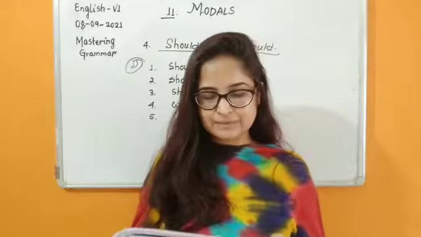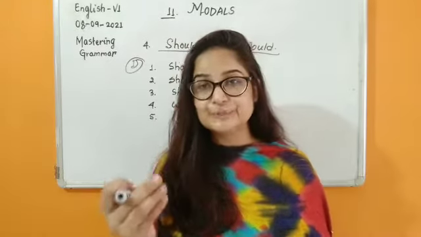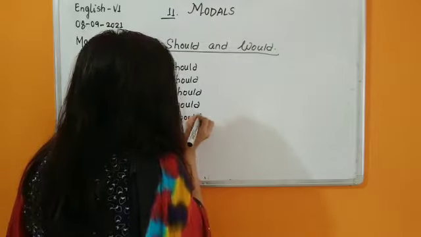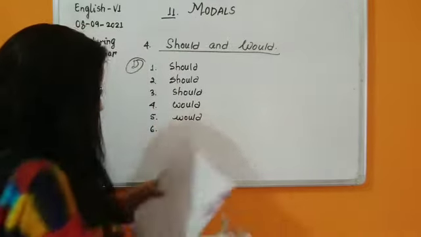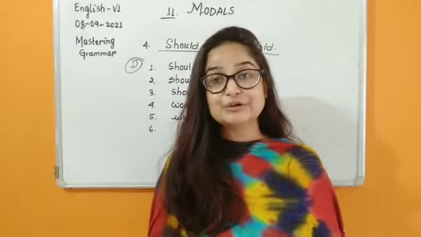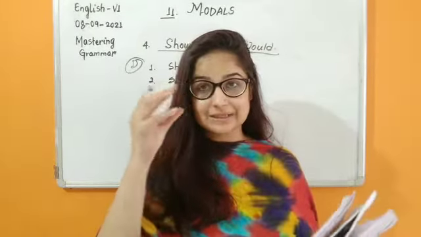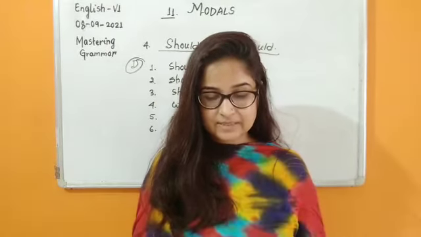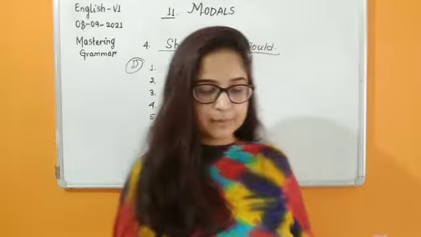Dash you please lend me your pen. Would you please? It is a polite request. Would you please? Number 6. These medicines should or would be kept in the refrigerator. So it's like a suggestion. So we can write: these medicines should be.